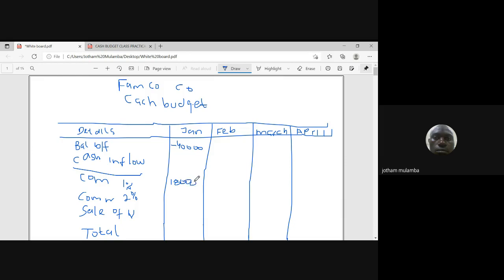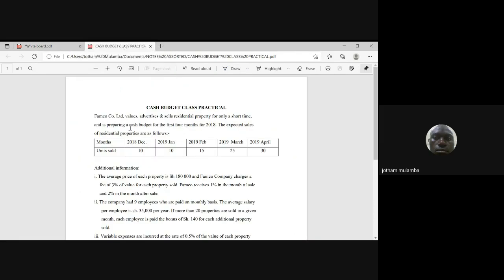Now, because we are in January, and from the question we have information in December, 1% is received in the month of sale and 2% in the month after sale. So now, we want to collect 2%. Do we collect from the month of February or from the month of December?